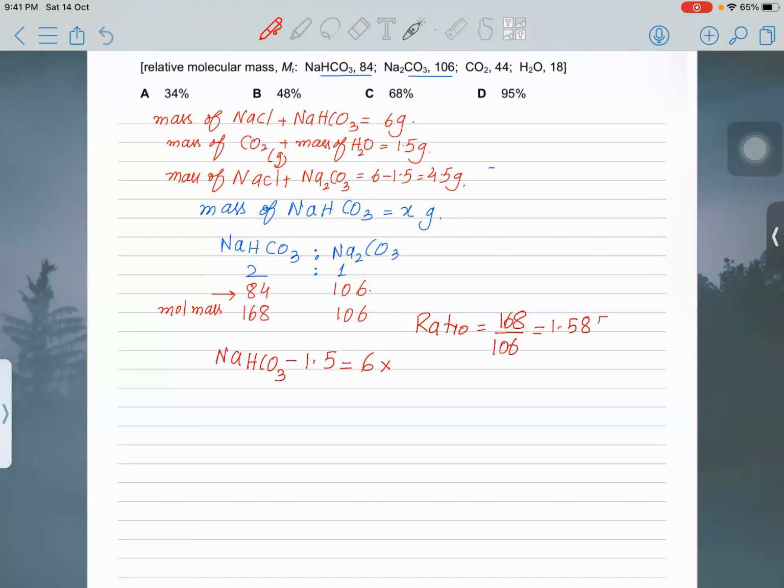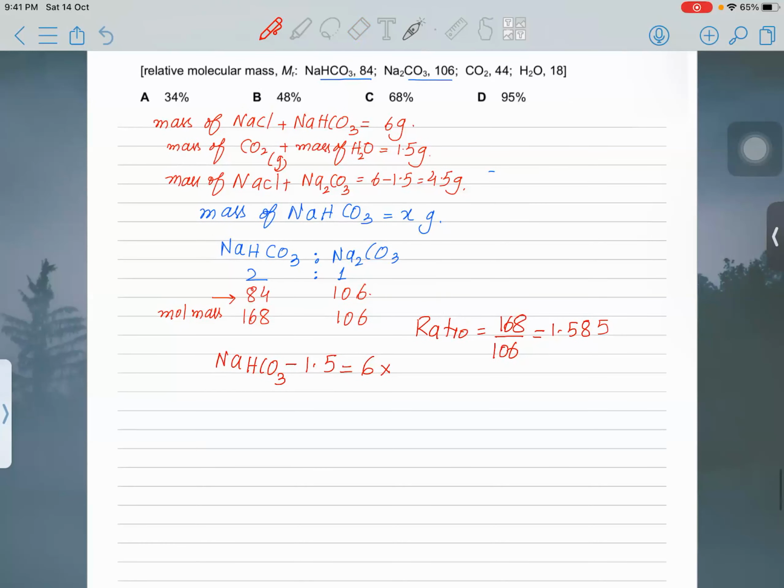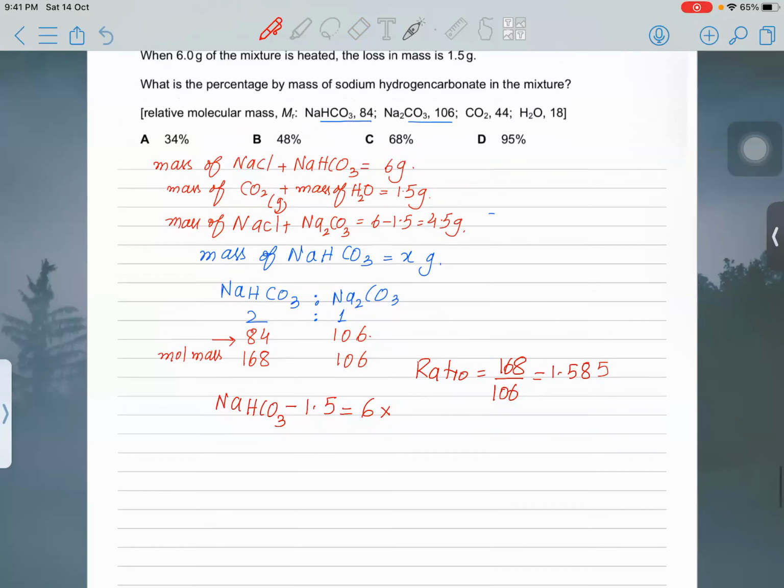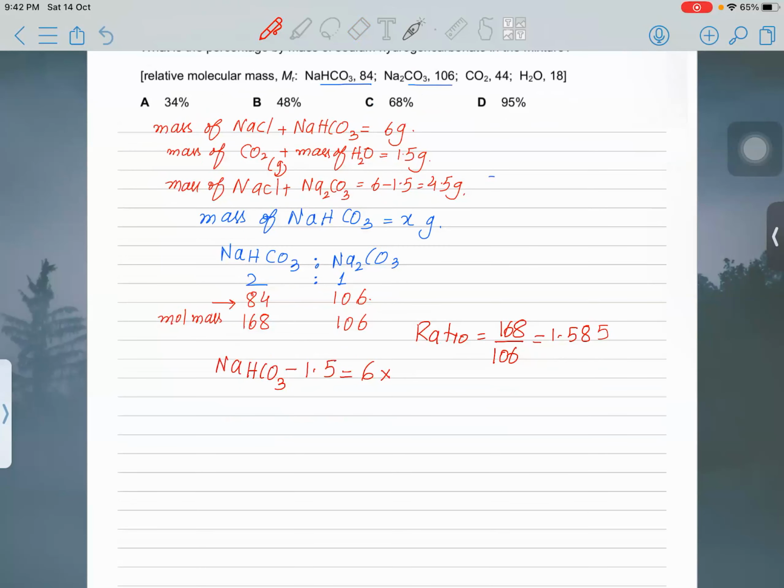So the ratio is 1.585, right? So X is the mass of sodium hydrogen carbonate and loss of mass is 1.5. 6 is the mass of the mixture, right?